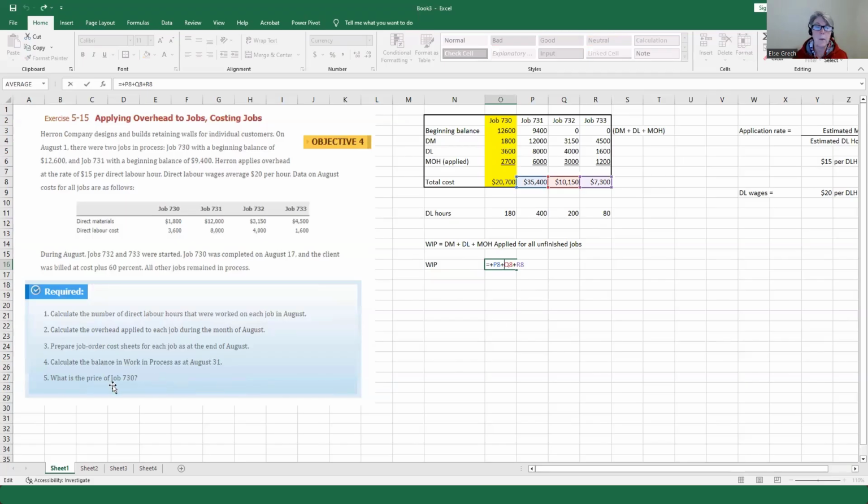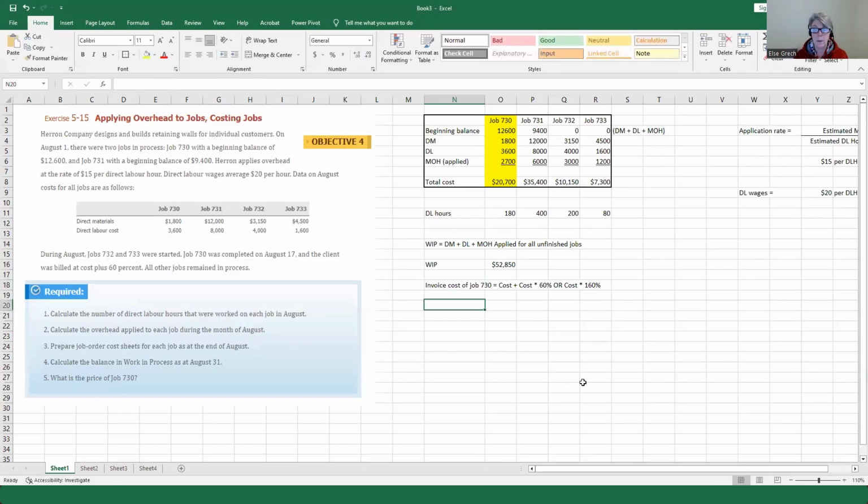What is the price of job 730? So the invoice cost of job 730 is equal to the cost plus the cost times 60%, right? Or it's the cost multiplied by 160%, because it's cost plus 60%, right?